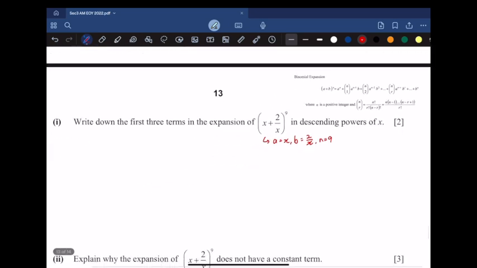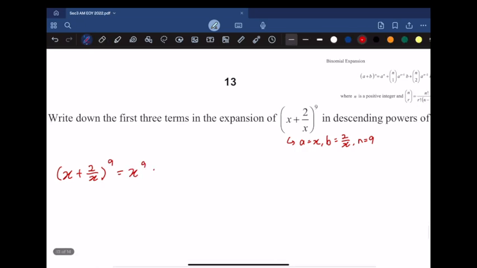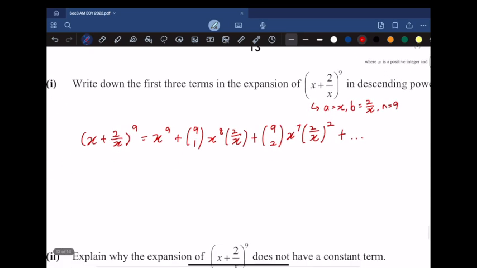So (x + 2/x)^9 is simply equal to, for the first 3 terms, x^9 plus 9 choose 1, x^8 times 2 over x, plus 9 choose 2, x^7 times 2 over x^2, plus dot dot dot. I have the first 3 terms already, so I just simplify from here.